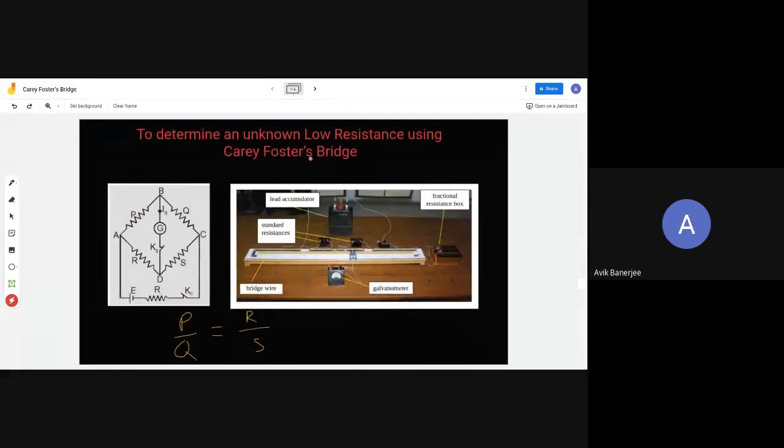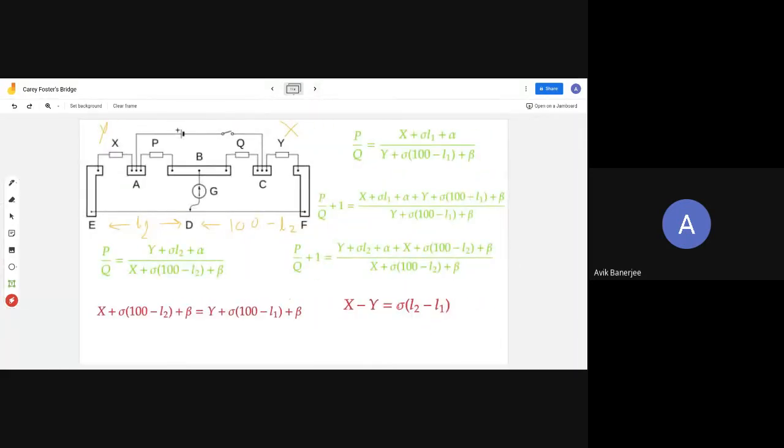Our aim is to find the unknown low resistance. So either sigma is provided or we have to find that out. We are going to find that out here in this case. If we know this expression, if we know sigma and we know X, we can find the unknown resistance Y. X is the known resistance.